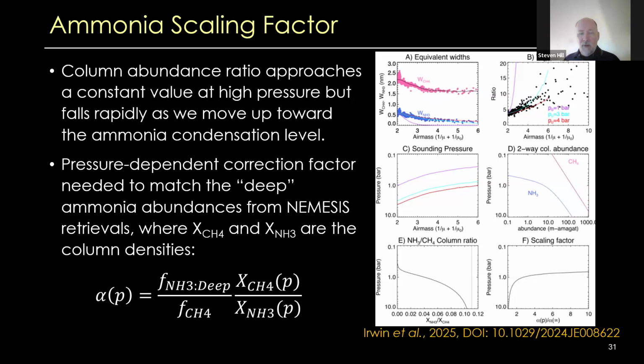Basically, what we're saying is that when you're looking at ammonia instead of methane, there's an extra weighting factor that means you're looking deeper, because the ammonia is depleted at the higher altitudes at the lower pressures. So this is a straightforward way of weighting it based on a computation of the column abundances. It is based on a model, so there are some assumptions that go in there, but it's a fairly straightforward thermochemical model that shows that there will be condensation, but doesn't say anything about cloud formation specifically.